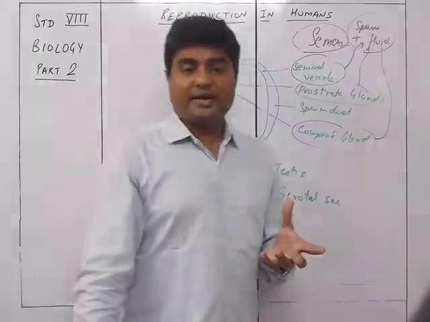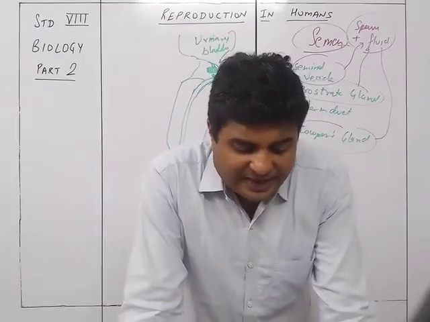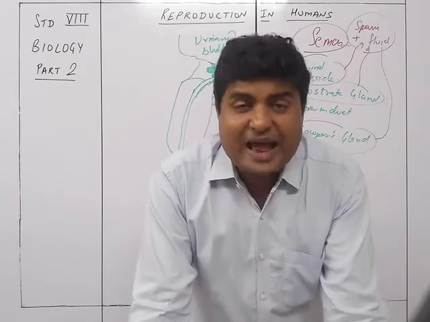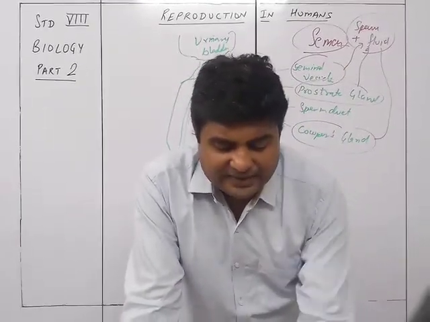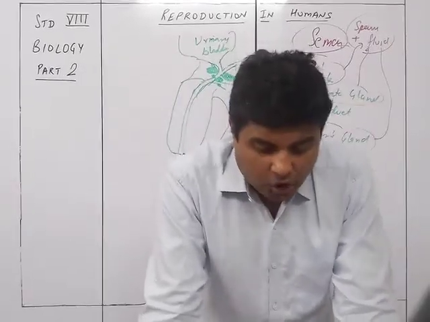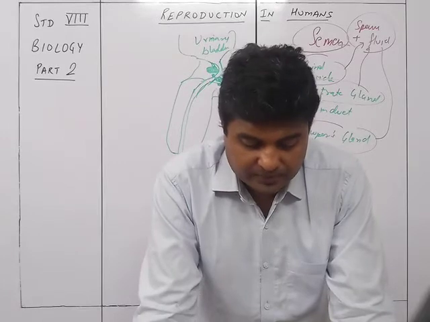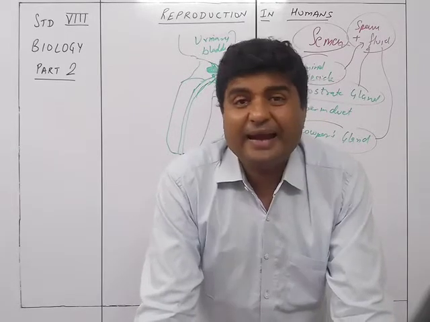So this is the reason. You can see over here that a pair of testes lie outside the abdominal cavity in a sac called scrotum. In such an arrangement, the testes are at a temperature which is 2 to 3 degrees lower than that of the body. This is more suitable temperature for sperm production and development.